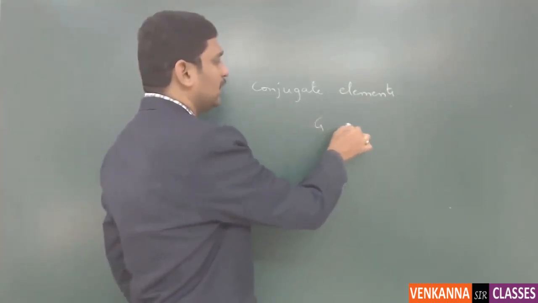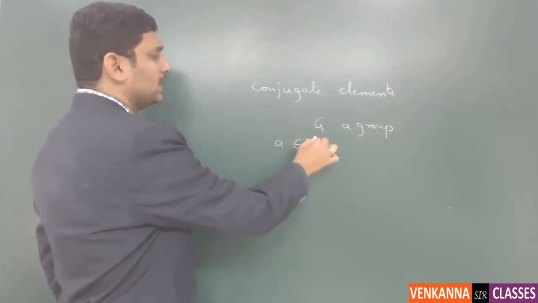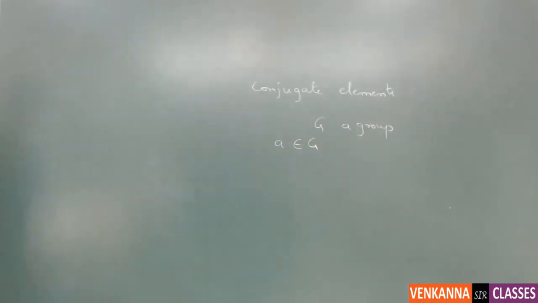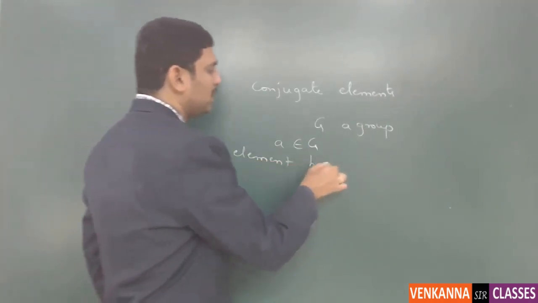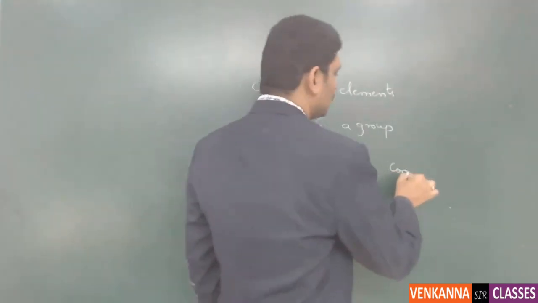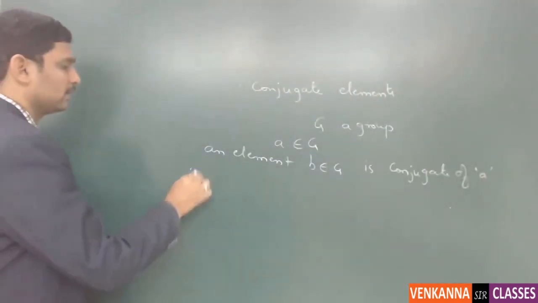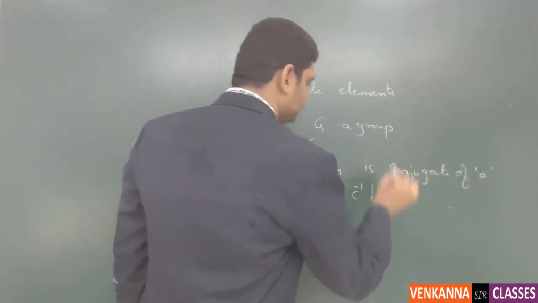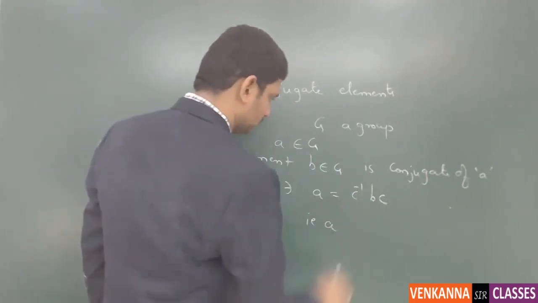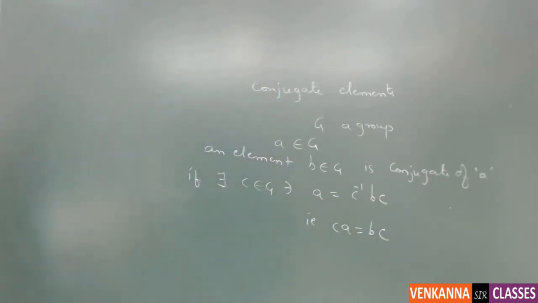Take a group G and take an element A belongs to G. So we say that an element B belongs to G is conjugate of A if there exists... That's it. You take a note of that.